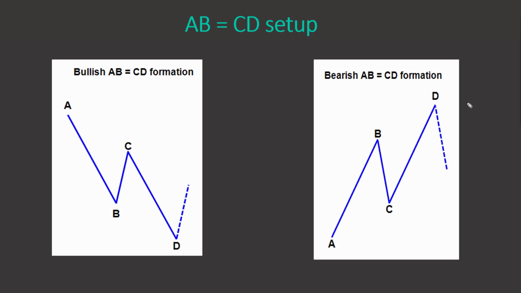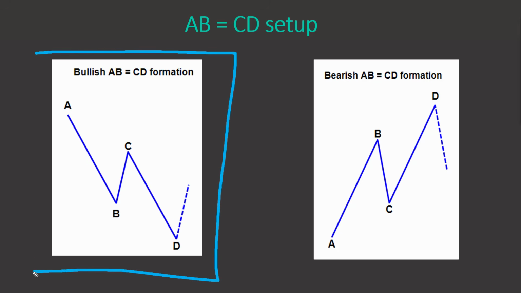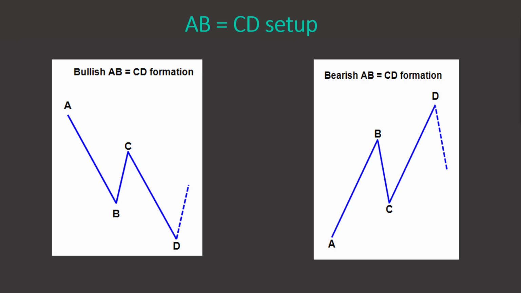So first, let me talk about this picture. This is a long trade scenario. And the first thing you want to see here is price making a swing point like this, swing point A. Then the price goes downwards and makes a swing point B, and then you want to see a pullback to swing point C, and then you need to start to see the price go downwards.